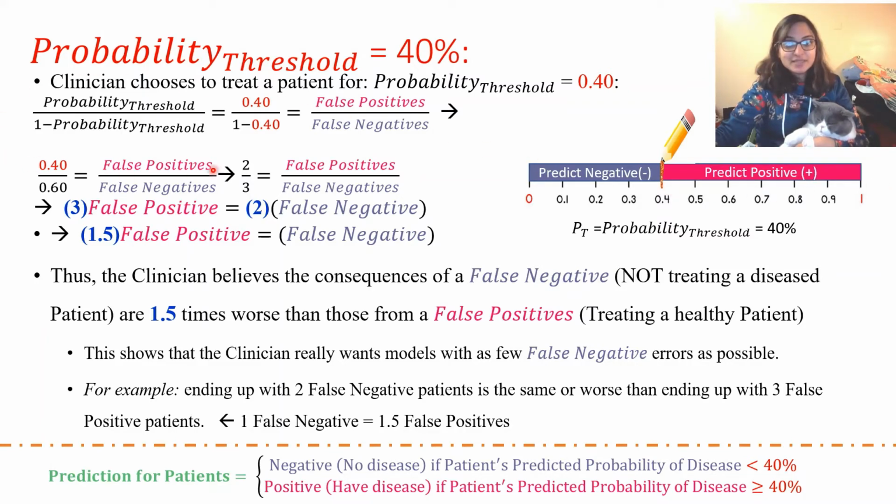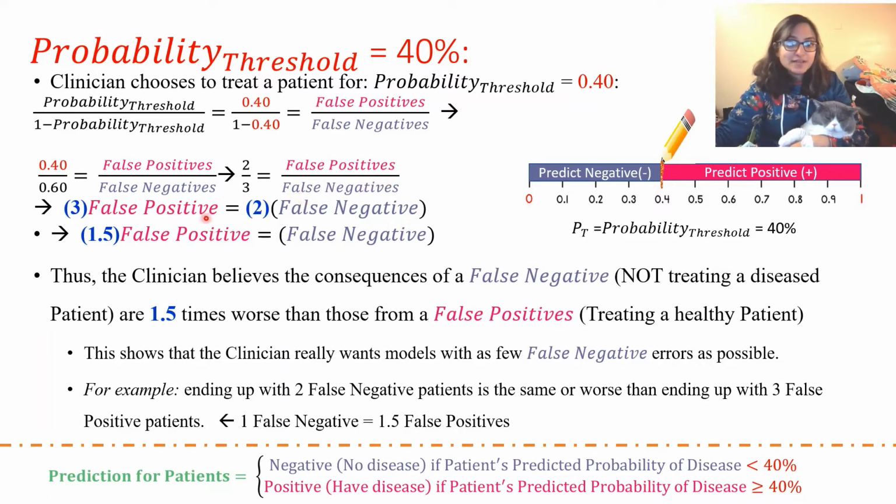So plugging into this formula, we have 40% over 1 minus 40%. We set it equal to false positives over false negatives. This is just 40% over 60% equals false positives over false negatives. So this simplifies to 2/3 equals FP over FN, and then we cross multiply again, so we get that 3 false positives is equal to 2 false negatives.